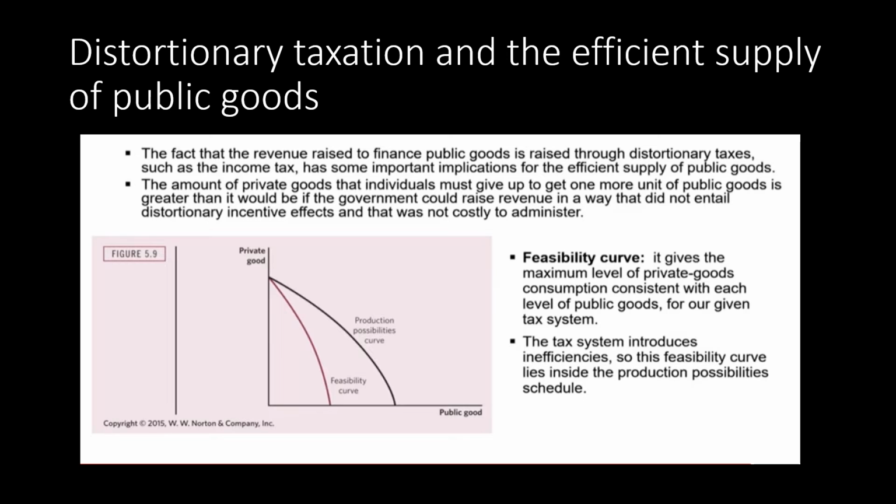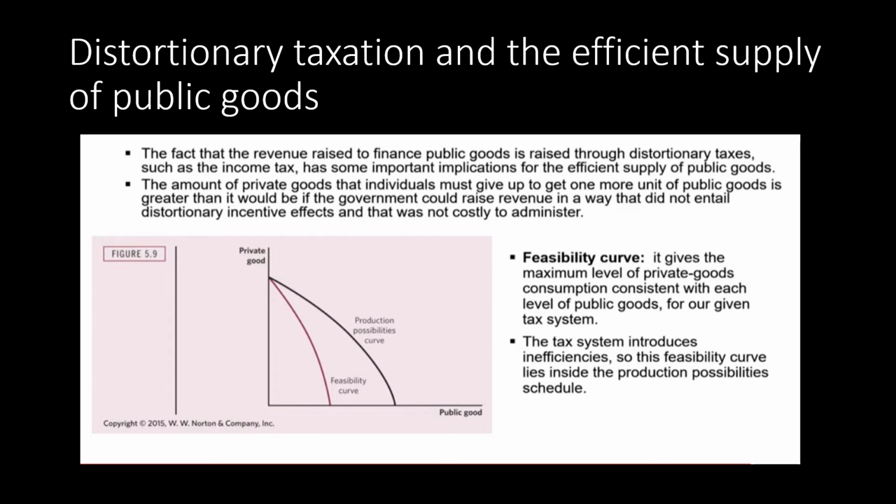As we can see from the graph, this whole part is the feasibility curve. Then the tax system introduces inefficiencies, so this feasibility curve lies inside the production possibilities curve.